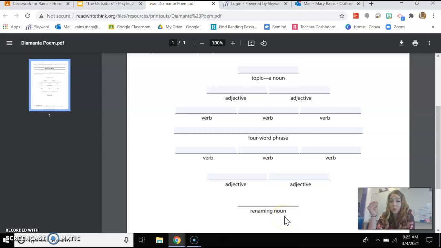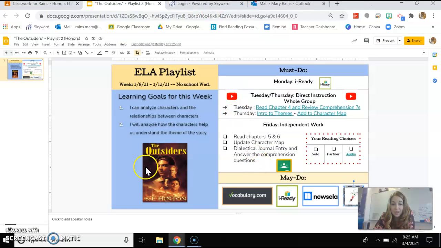So it's a pretty interesting way to look at poetry, because this is a style of poem, but also a way to connect a character to the theme. So be thinking about that as you read this week. If you guys have any questions, please let me know.